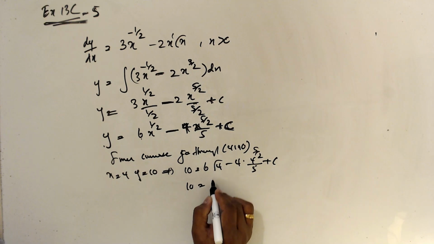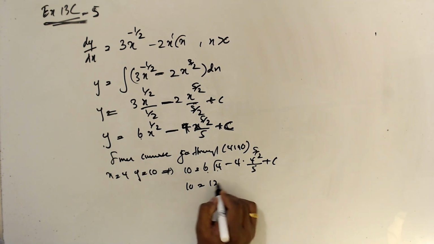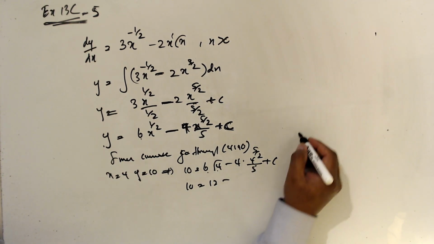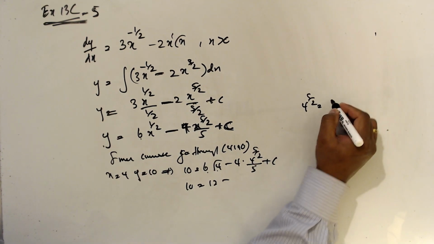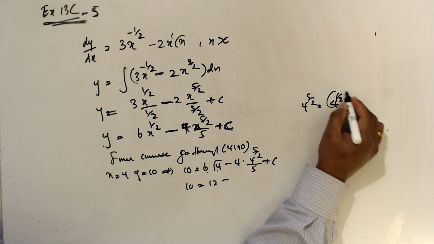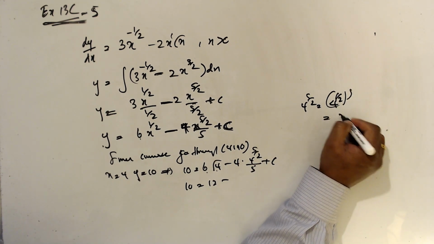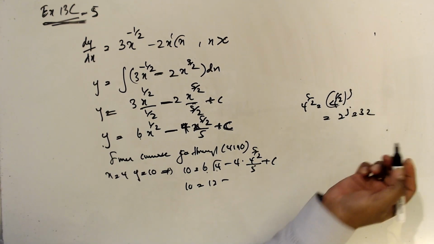So 10 equals, this is 6 times 2, 12. This is 4. 5 over 2 means 4 square root to the power 5, so this is 2 times 5, which is 32.